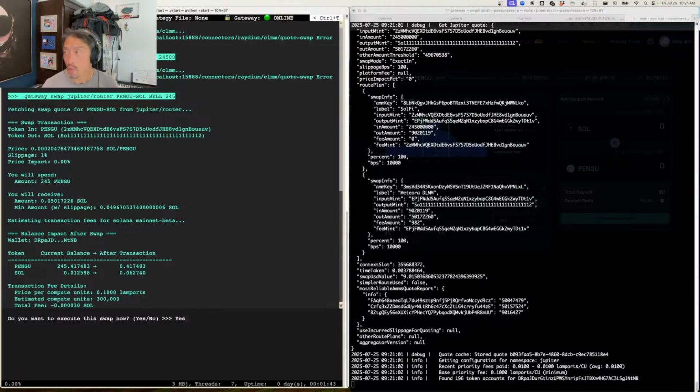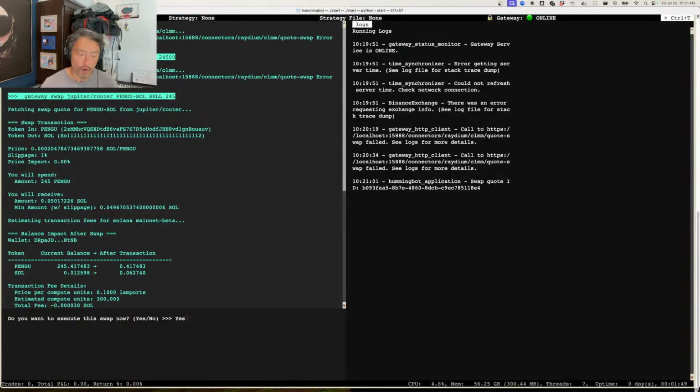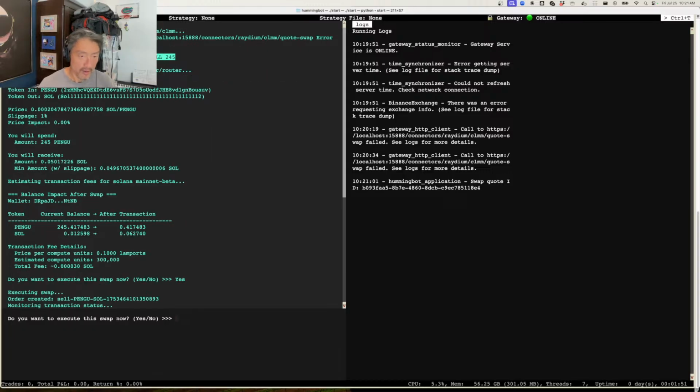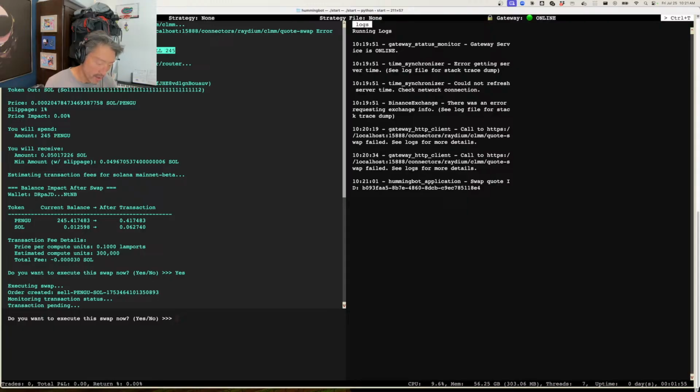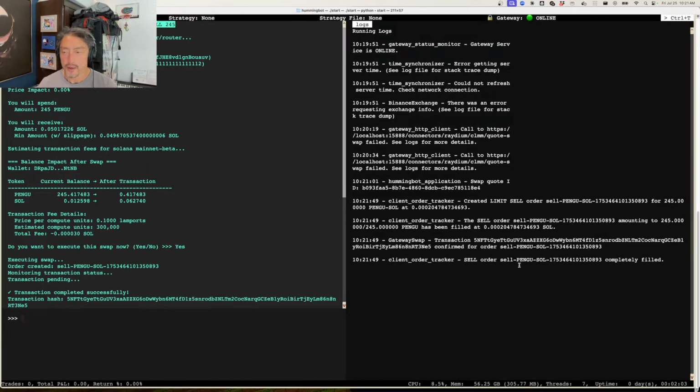Now I'm using my hardware wallet. So what we'll see is once I hit yes, I'll need to confirm that in my hardware wallet. Now what I see is the order in my hardware wallet, and I hit approve in order to execute the transaction. After I hit approve, it was executed, and now I've sold some of my Pengu into Sol.